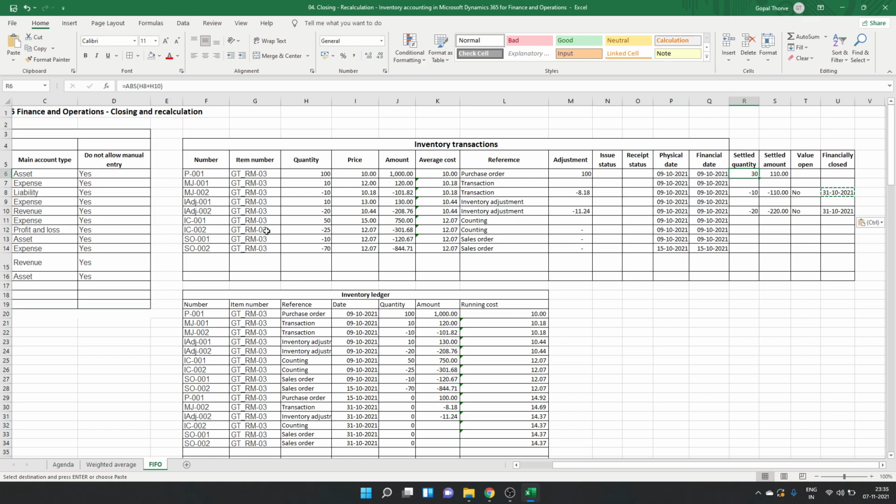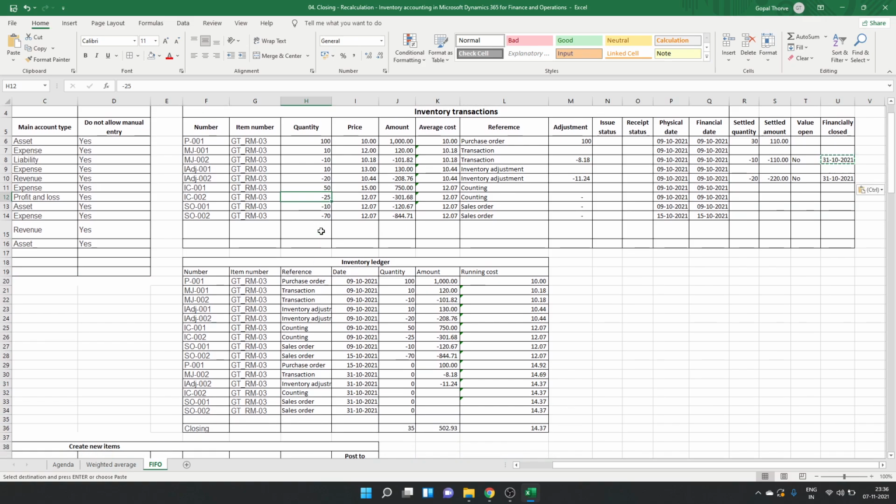Okay, now third issue transaction is for 25 quantity. Now we have 70 quantity left, so this 25 quantity will also be adjusted from first transaction itself. Okay, so let me mark this as a different color.